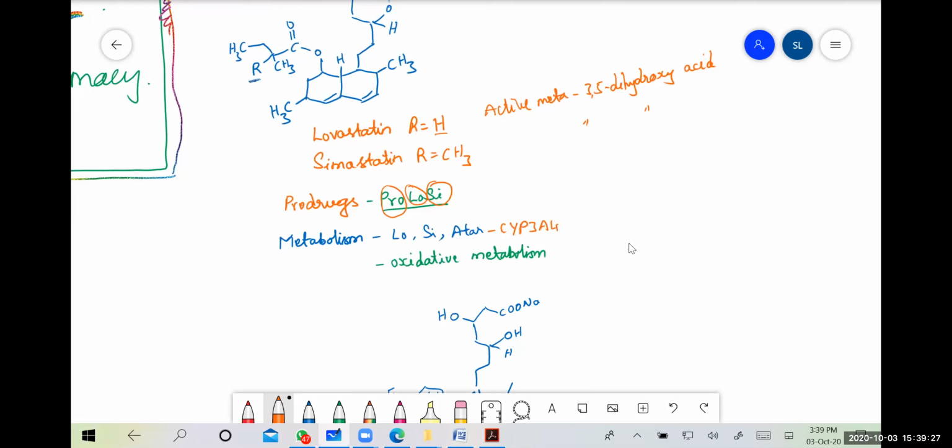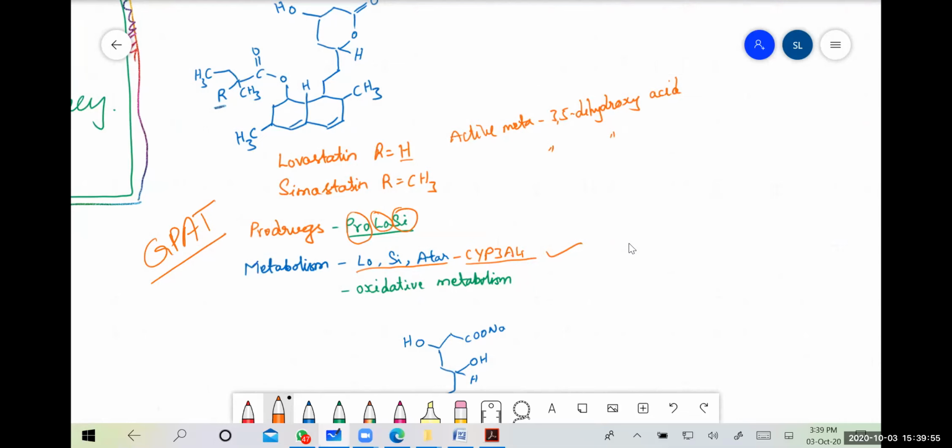Coming to the metabolism of lovastatin, simvastatin, and atorvastatin, these three statins are metabolized by the enzyme known as CYP3A4. This is an important one that you should remember, and this is also a GPAT question. Lovastatin and simvastatin are the prodrugs.